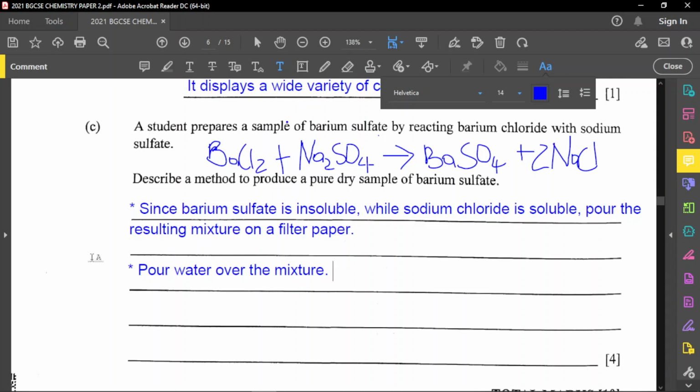Now, what's going to happen here is that sodium chloride, let's write it right here, will dissolve, because remember that is soluble.